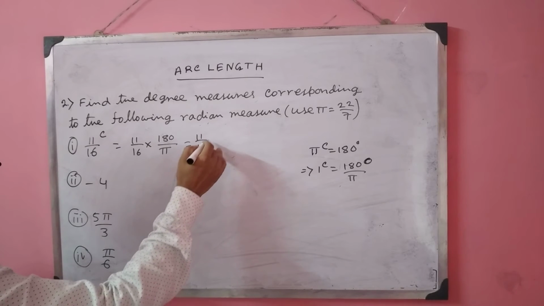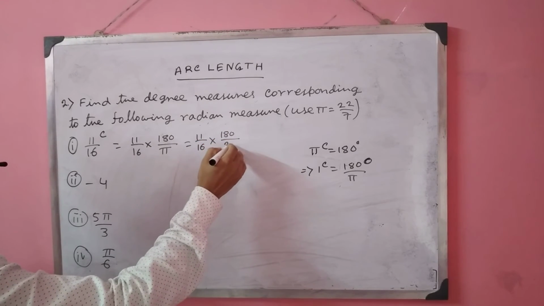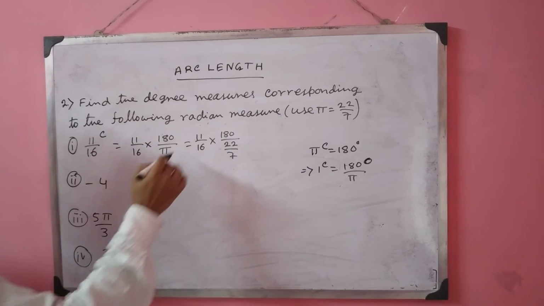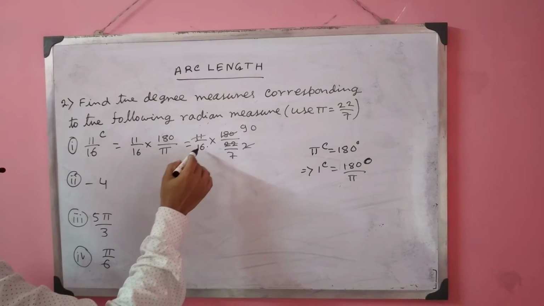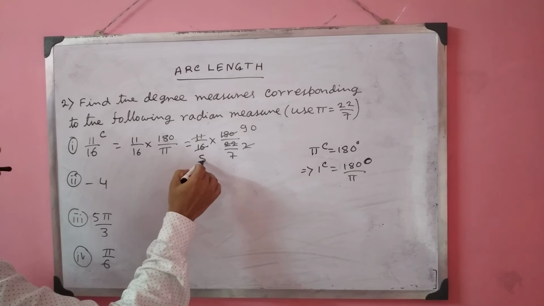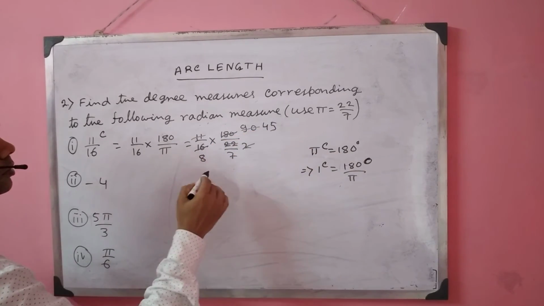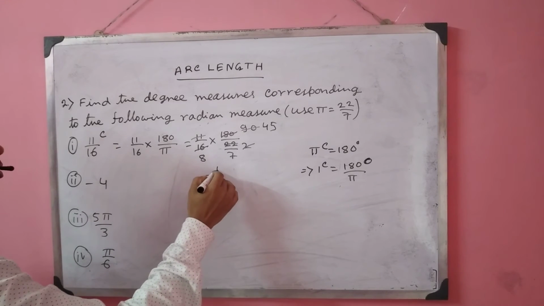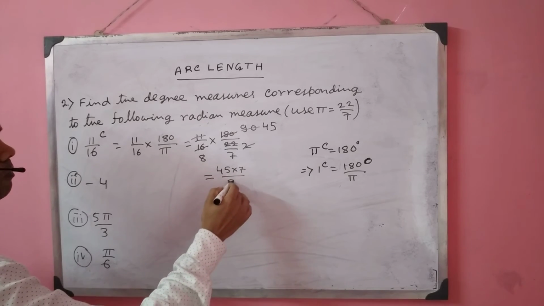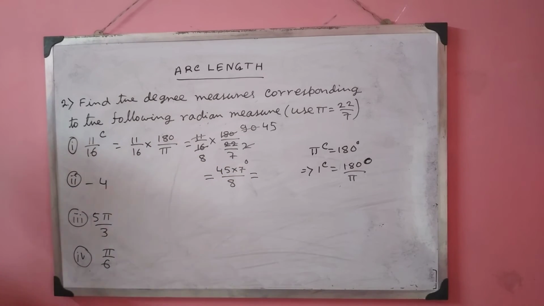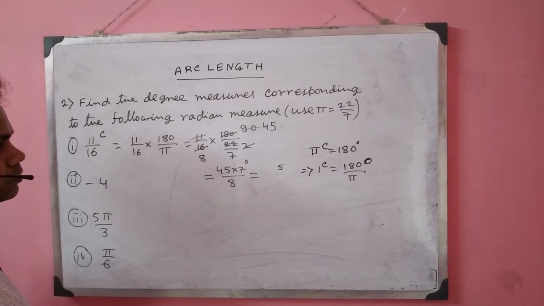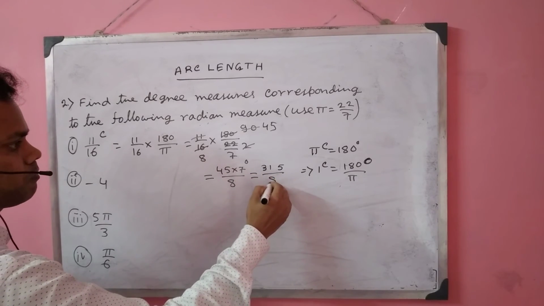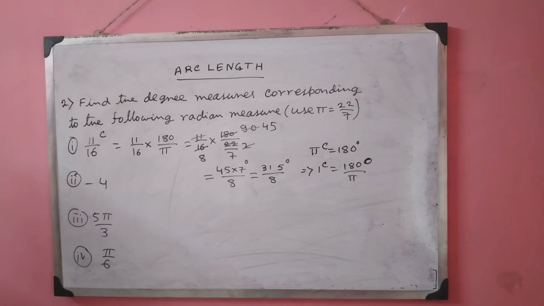Now we use pi equal to 22/7. So 11/16 radian is equal to 315 by 8 degree.